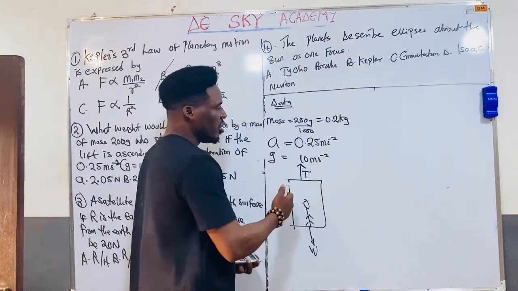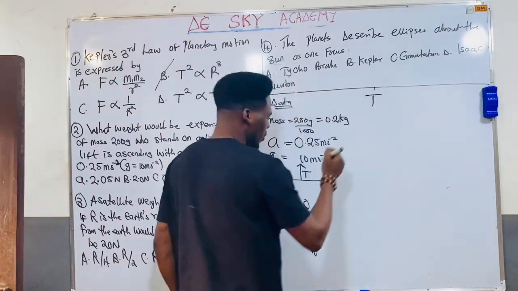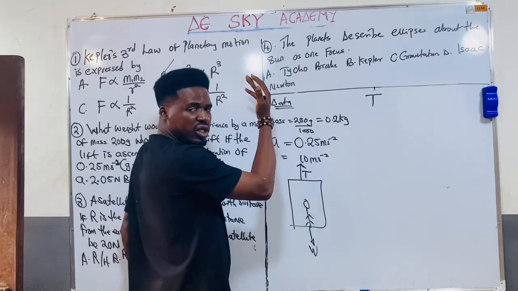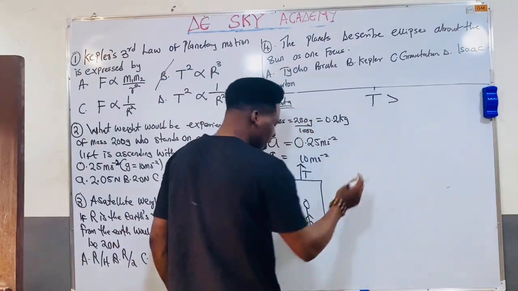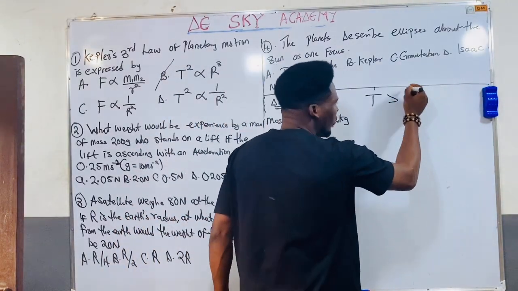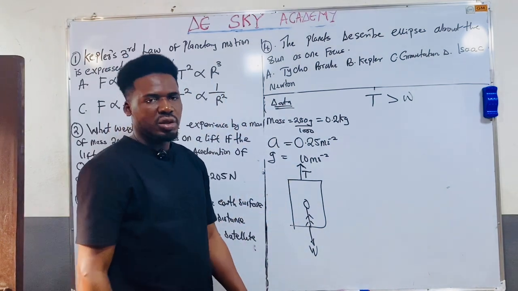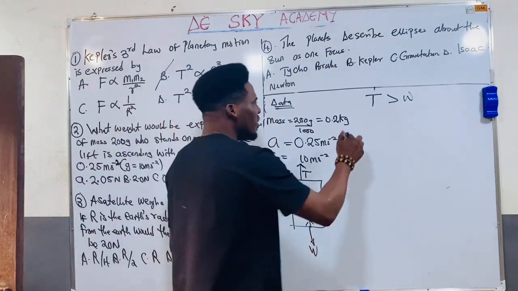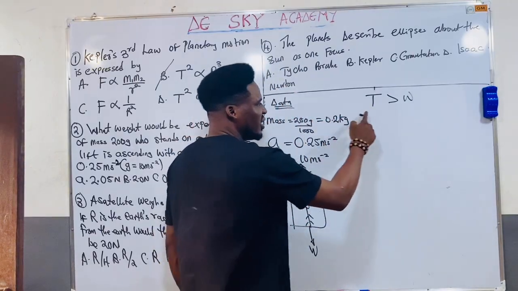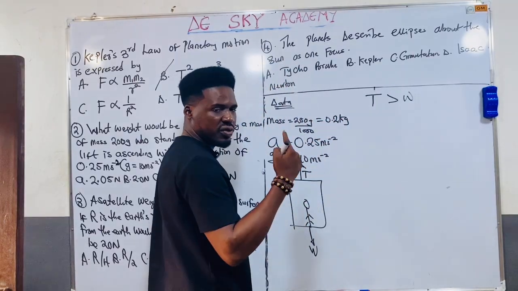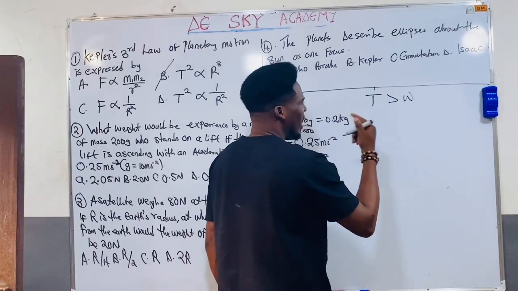If the lift is moving up, it means that the tension force, which is the force pulling the lift up, is greater than the weight of this man. Of course, if the weight of this man is greater than the tension, it will be moving down. Are you getting me now? So if the tension force is greater than the weight, then what will I have?